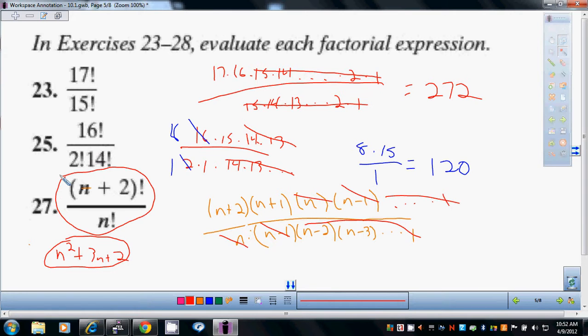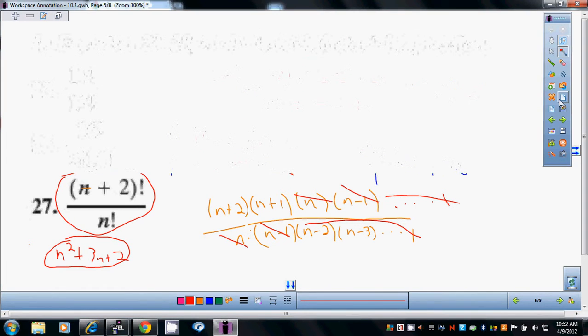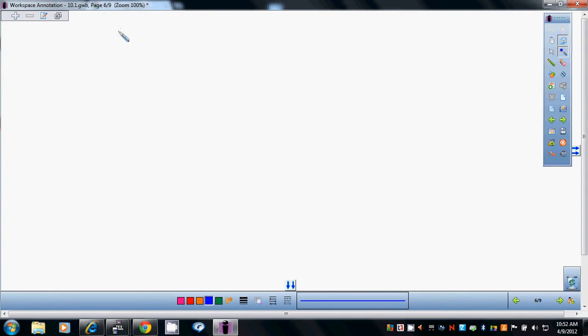Raise your hand if you would like to see another example of this kind of reduction. Okay, let's do it. How about this one? What if I had n plus 3 factorial over, I'll stick with these for now, n plus 1 factorial.